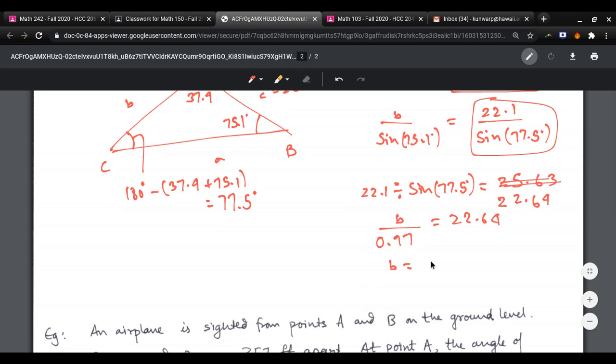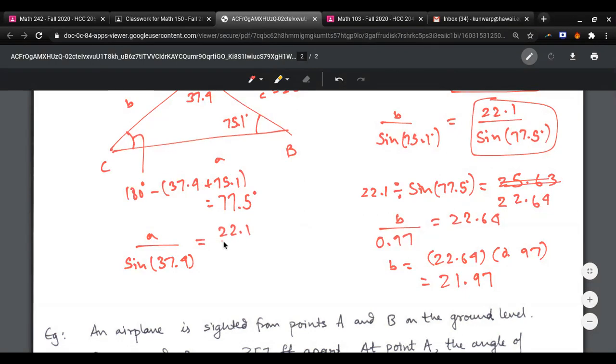So B equals 22.64 times 0.97, which is 21.97. Similarly, you can find side A using the same ratio, because you already know 22.1 divided by sine of 77.5 is 22.64.